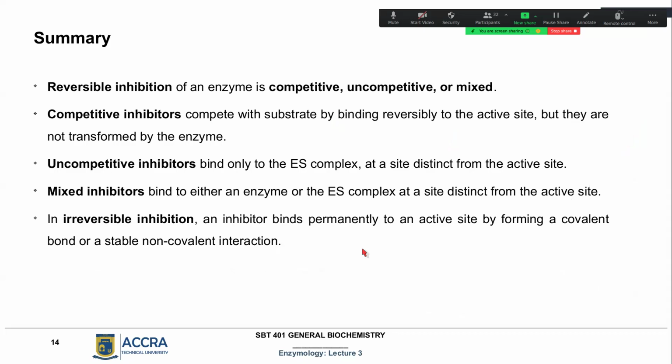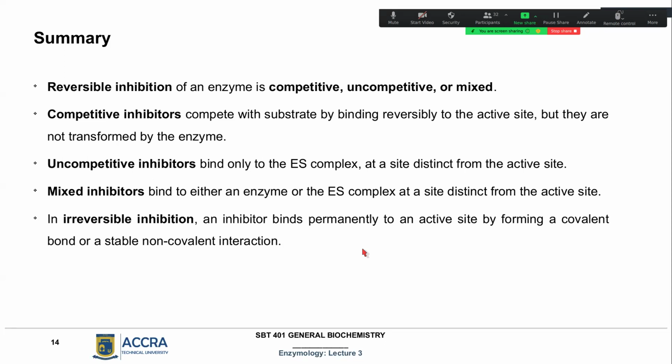All right, so in summary, what we have gone over today is types of inhibition. We divided this into reversible and irreversible inhibition. Reversible inhibition, we divided into competitive inhibition, non-competitive inhibition, and mixed inhibition.